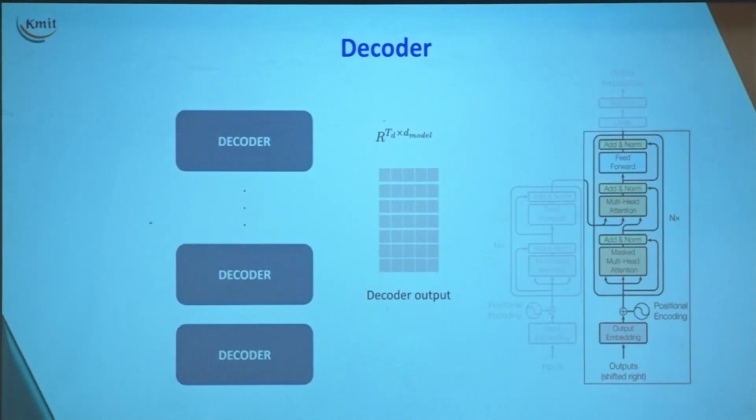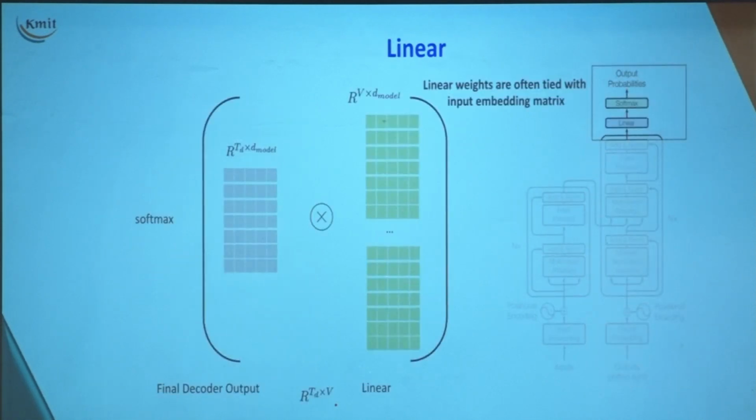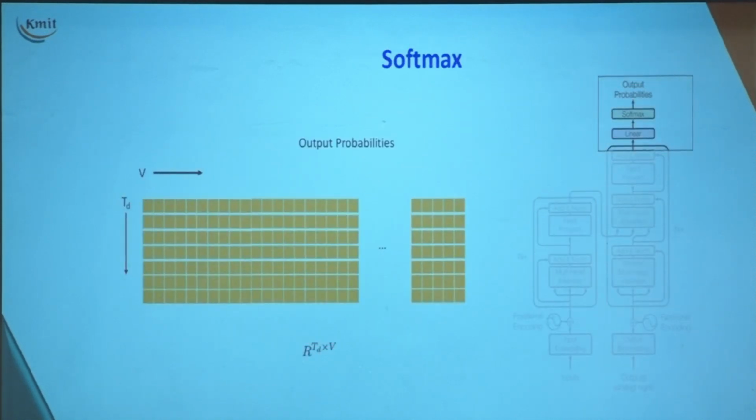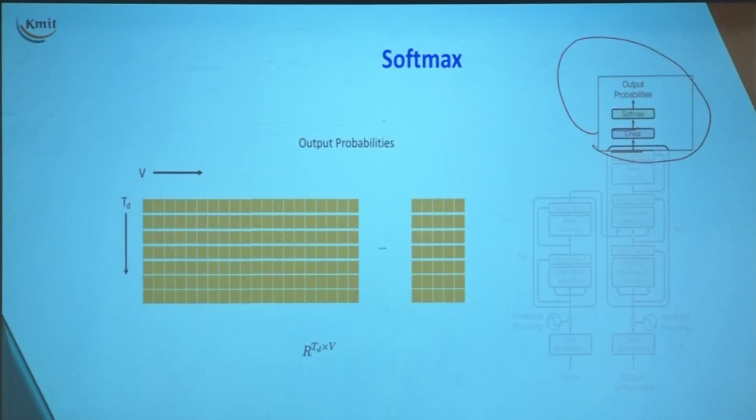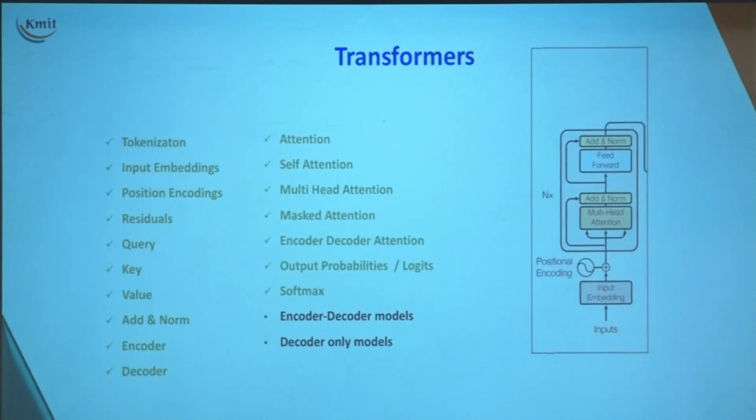So one decoder output would be taken from all the decoders. Now the output of the decoder is given to the linear layer, which is then given to softmax, from where we get the final outputs. So where did we start? We started at tokenization.